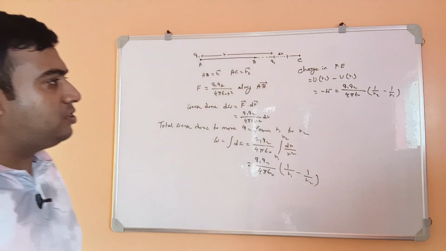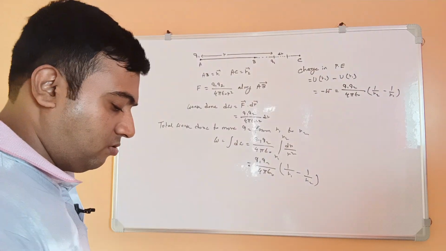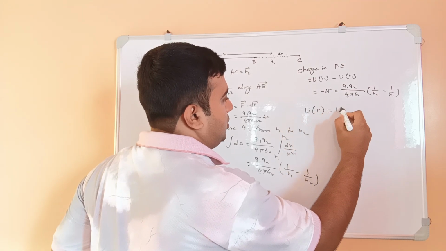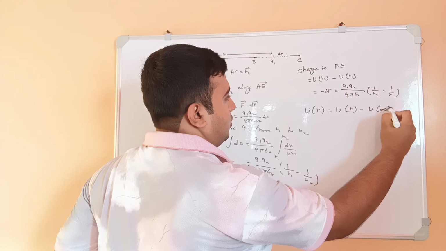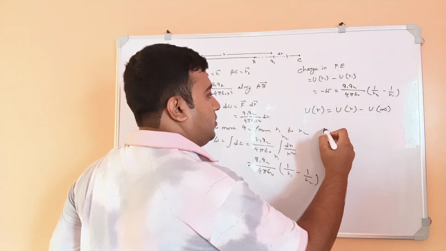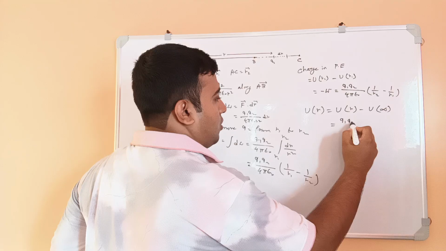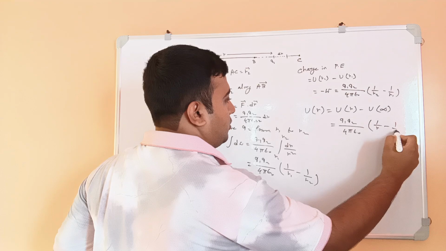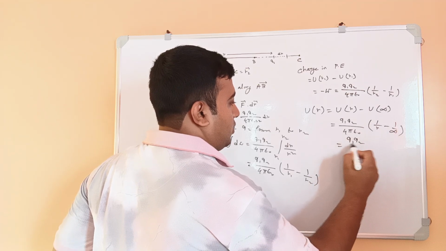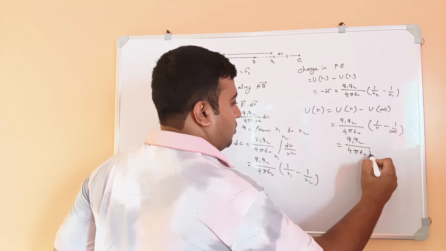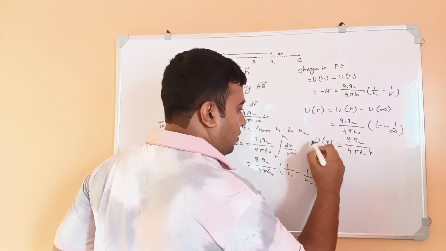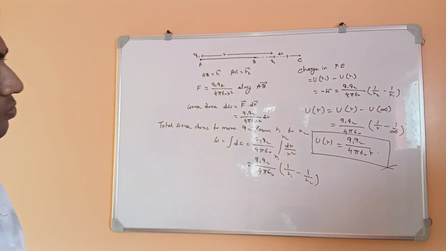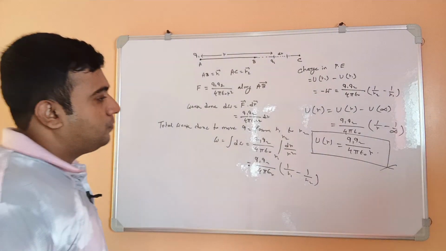If the separation between the two charges is infinite, so if R1 is infinite, then the potential energy U should be minus of this, Q1 Q2 by 4 pi epsilon naught times 1 by R minus 1 by infinity, that is Q1 Q2 by 4 pi epsilon naught R. So this is the potential energy due to two charges.